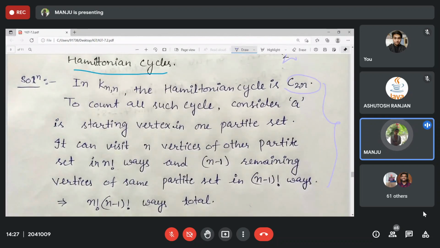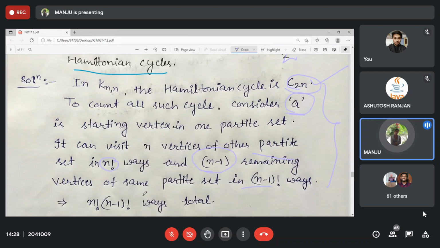The cycle will be C2n in all the cases, and you can fix one vertex, and it is visiting the n vertices of the other partite set in n factorial ways, this C2n. Okay, that starts with A. And for the same partite set, the remaining n minus 1 vertices in n minus 1 factorial ways.